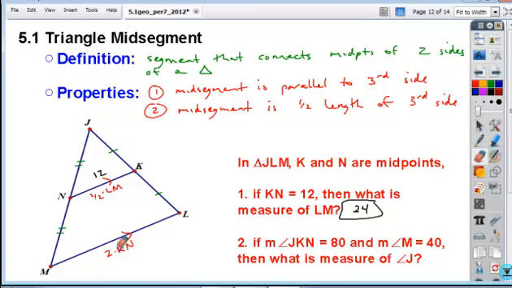Okay, and so just take a second or two here and see if you can answer this second question. Assuming this is given in triangle JLM, K and N are midpoints.